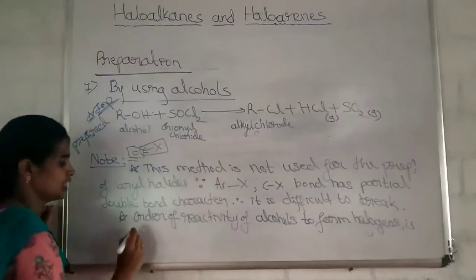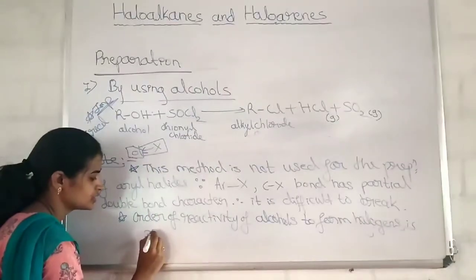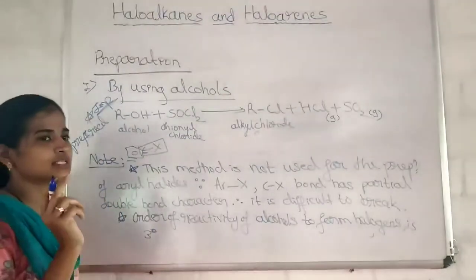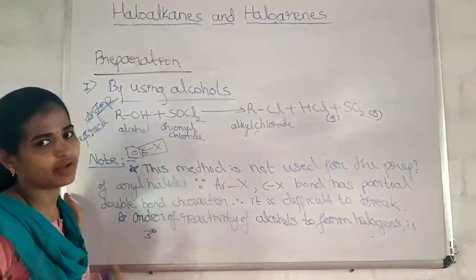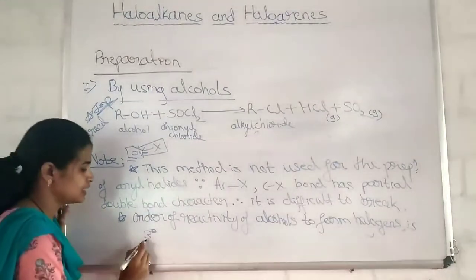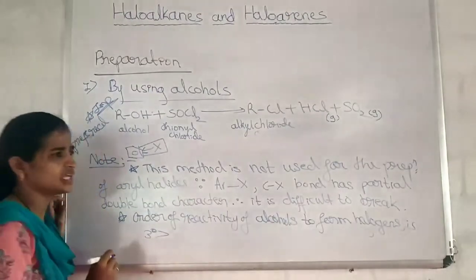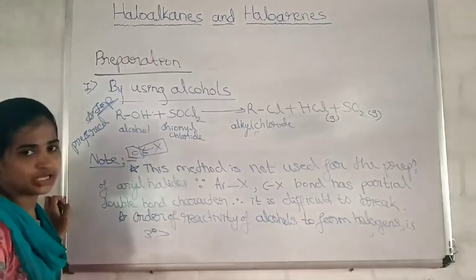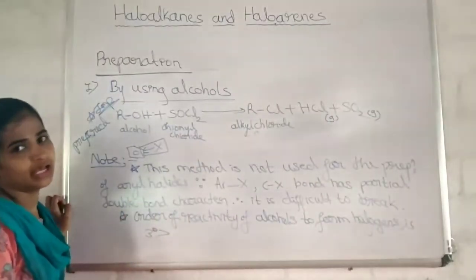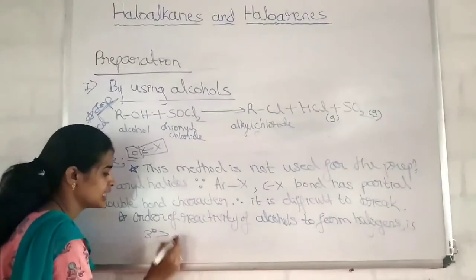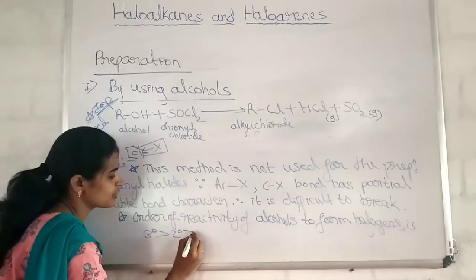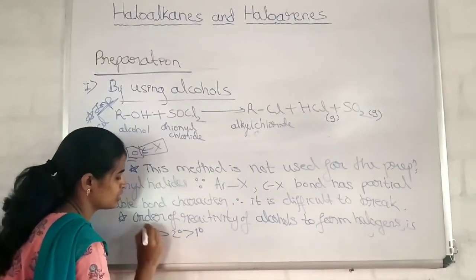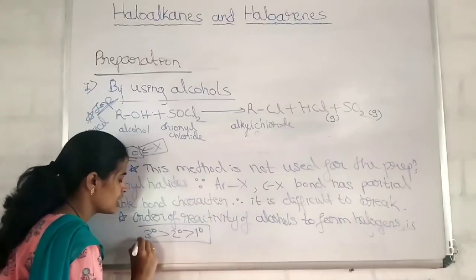I've told you, ZnCl2 catalyst is needed only for secondary and primary alcohols. Tertiary alcohols will easily react with HCl to form alkyl halides. No need of any catalyst here. Therefore, tertiary alcohols are more reactive than secondary, which are more reactive than primary alcohols.